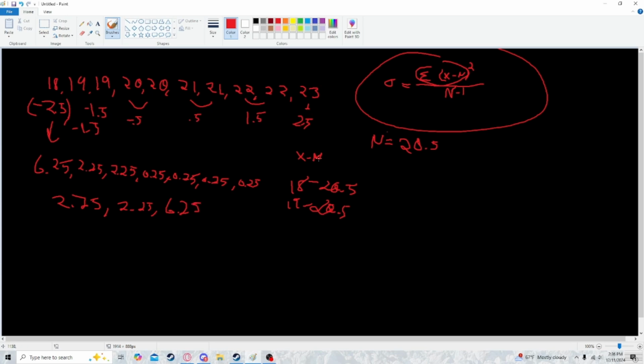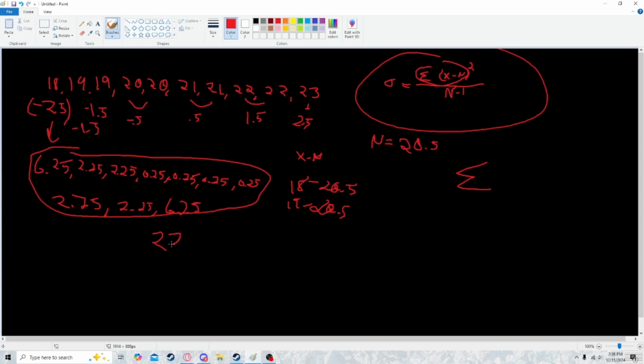So we got this part done now. The next part, so this is what we have now. This sigma symbol right here means the summation of. So now we add these numbers together, which I have gone ahead and done. The answer is 22.5.